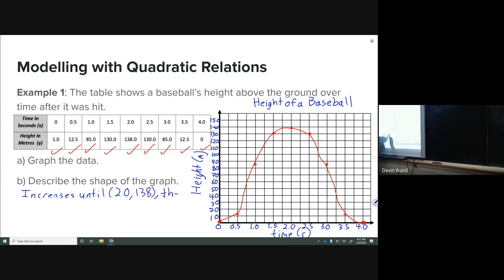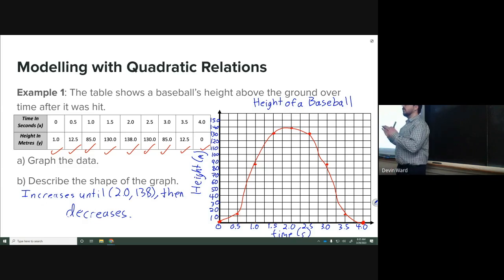Then decreases. Okay, so it increases until 2 and 138.